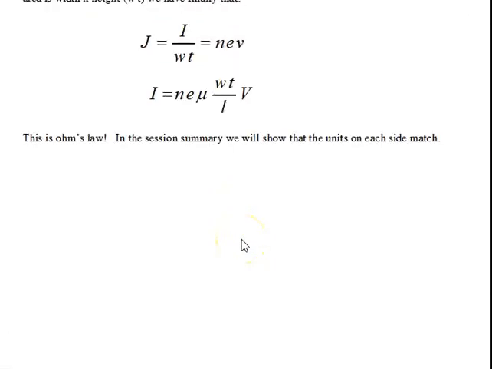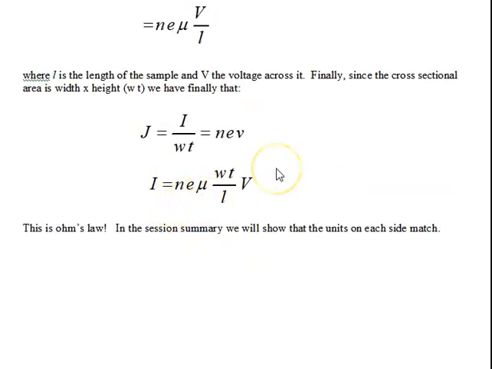And I'm going to show in the session summary that we know Ohm's law is V equals IR. All of this stuff in here is 1 over R. So let me just circle that. This is 1 over R, and we'll show that the units all work out, although it certainly seems relatively messy to prove that, but it's really not very difficult at all.